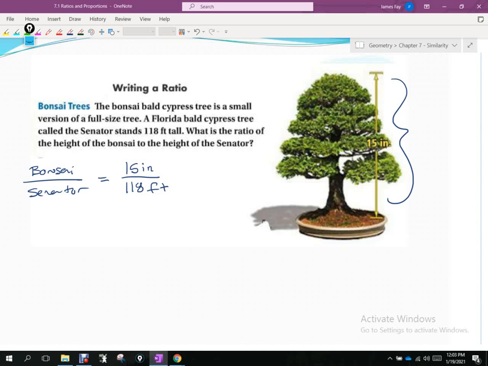It's up to you, but which would be easier? Feet to inches, because you have to do what operation? Multiplication, right? If I have 118 feet, there's 12 inches for every one of those. So that's going to give me 1416.